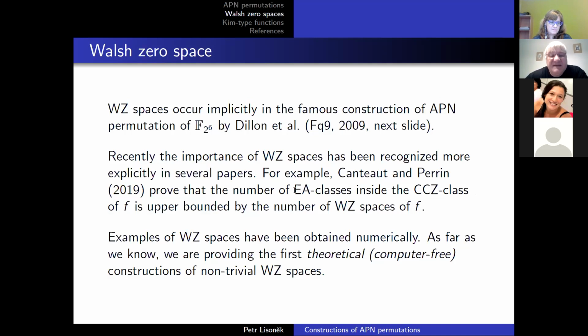EA means extended affine equivalence. So you can think of the affine equivalence as applying an affine transform on the input of the function and also on the output of the function. And also you can add an affine function. So all these transformations will not change the differential properties of your function, and therefore the EA equivalence means that the two functions are kind of trivially related in that sense.